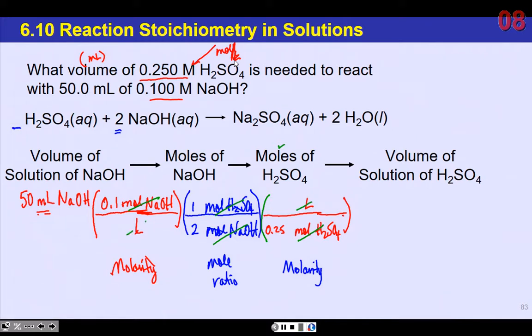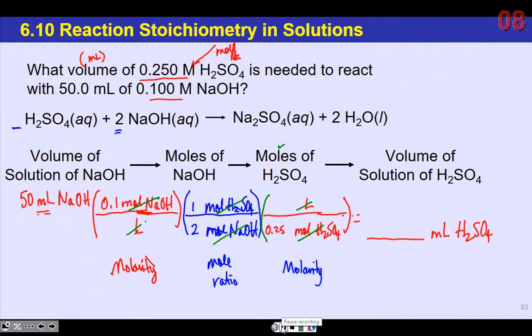And so we didn't have to convert anything from milliliters to liters and then back to milliliters at the end. So all that should remain now, if we've set up all the steps correctly, is milliliters of our H2SO4, sulfuric acid. All right, get out your calculator, pause the recording for a minute and take a look, see if you can do it yourself, and see if you get the same thing that I do.